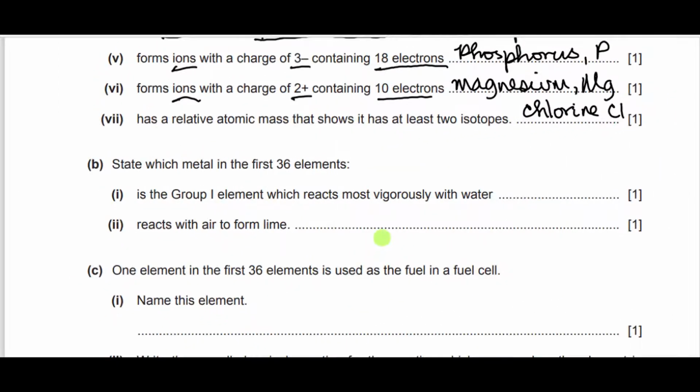Question 1B says, state which metal in the first 36 elements. State which metal. The operating word there is metal. We are looking at metal now. In the first 36 elements is the group 1 element which reacts most vigorously with water.